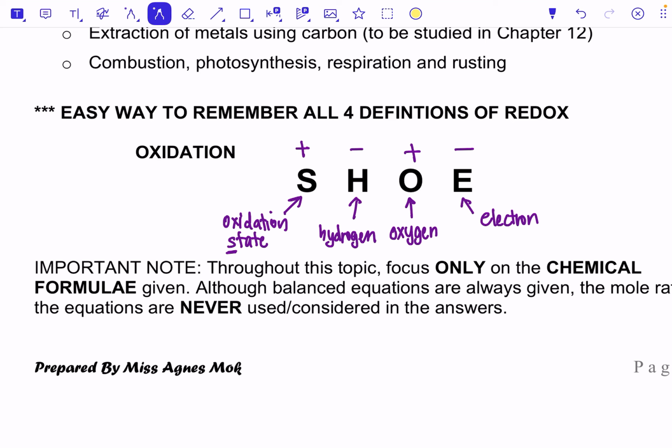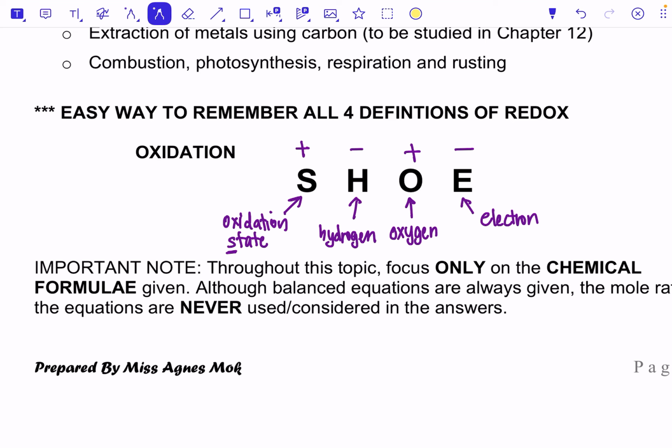So what are the 4 definitions? I'll show you. Don't need to copy. These 4 are the definitions for oxidation. The first definition is addition of oxygen. The second definition that defines oxidation is loss of hydrogen. Minus means loss. The third definition is loss of electron.